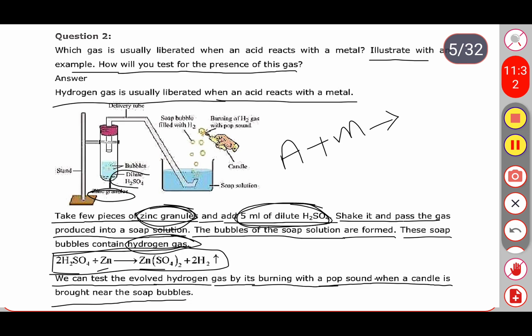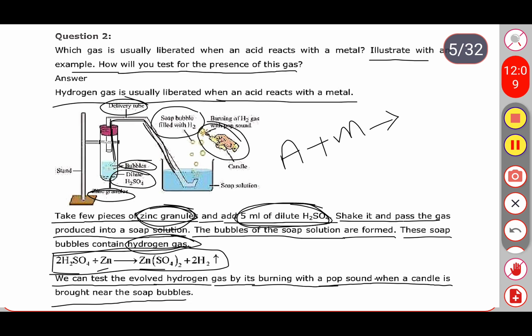Once we pass the liberated hydrogen gas with the help of the delivery tube into soap solution, in the soap solution we observe hydrogen gas bubbles being liberated. With the help of the candle we can easily identify the liberation of hydrogen gas.